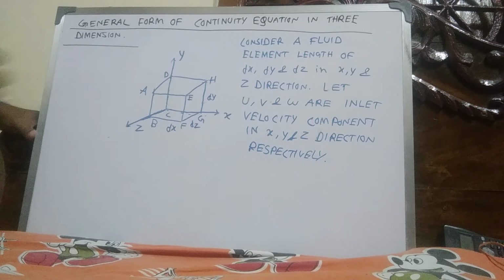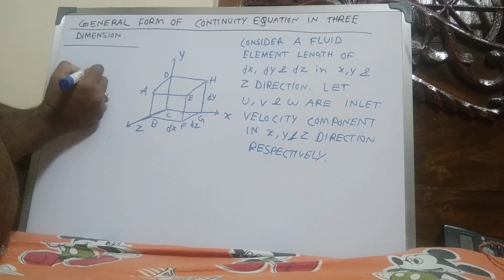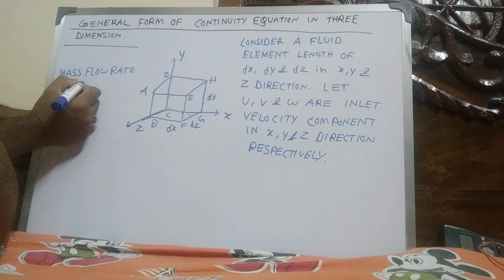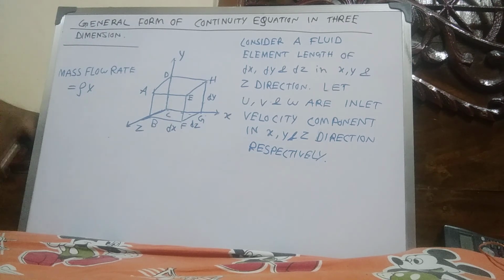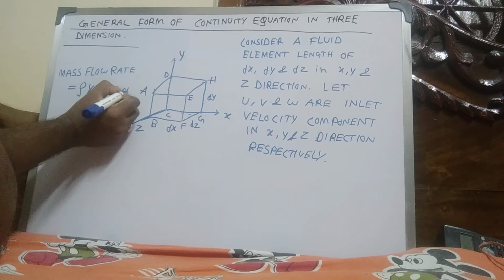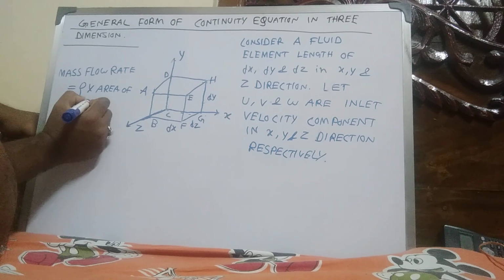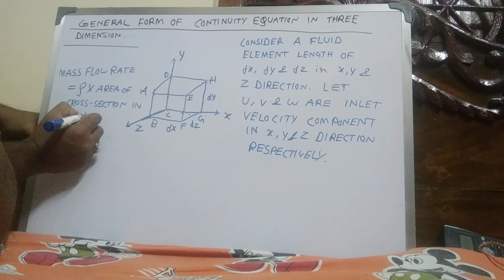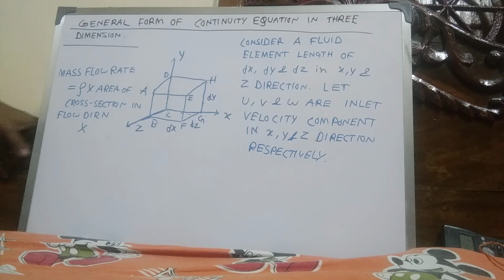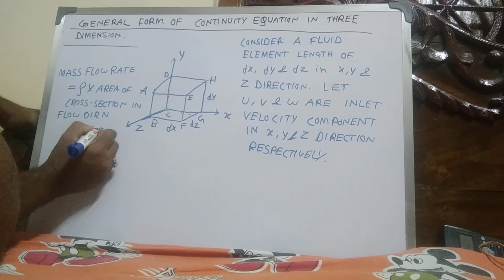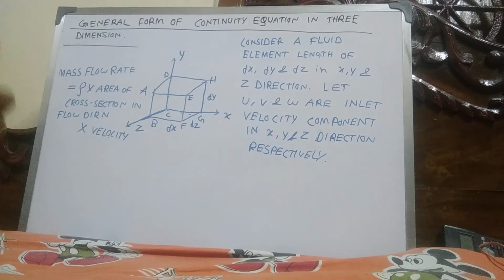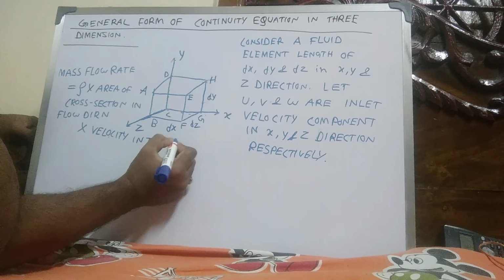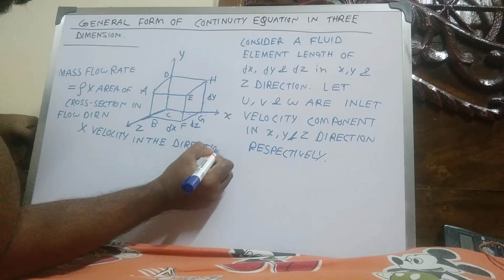Understand? And mass flow rate. First, mass flow rate equals density of fluid into area of cross section in flow direction into velocity in the direction of flow, which means rho times area times velocity in the direction of flow.